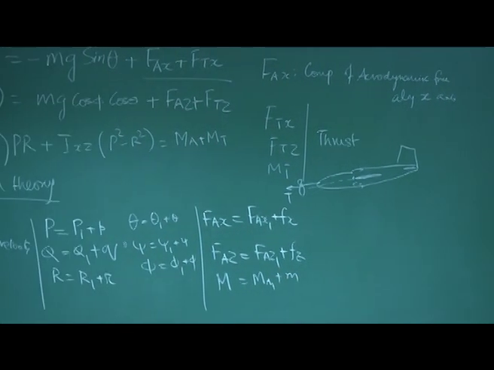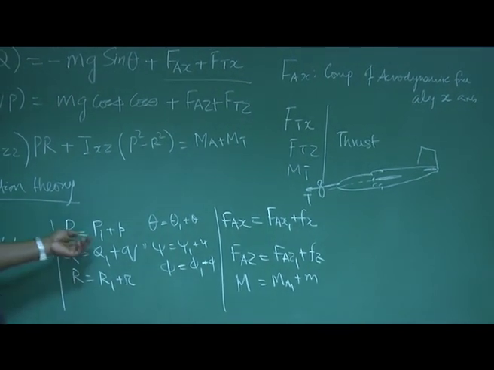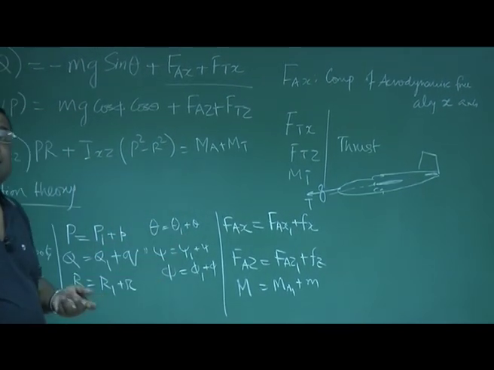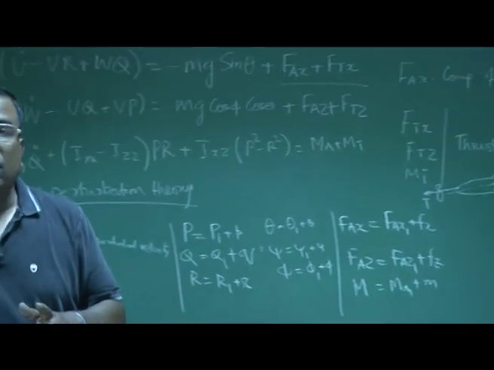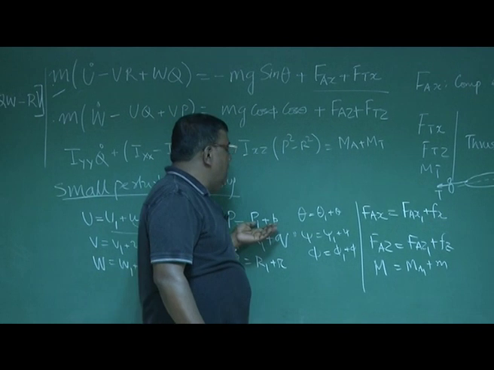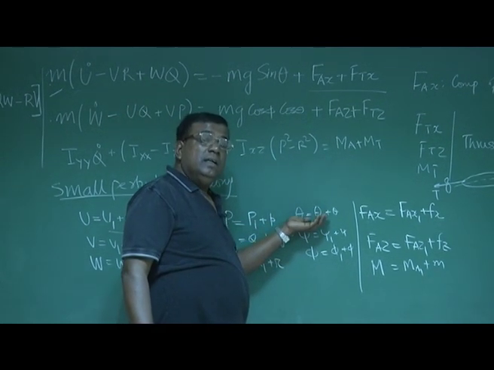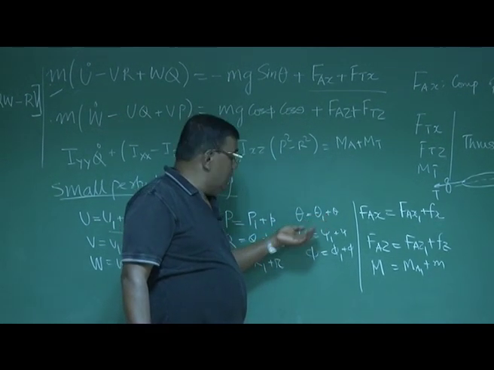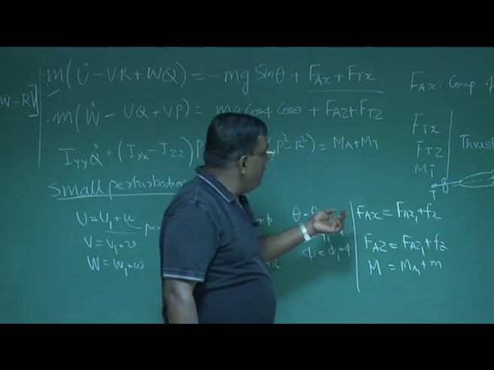What is this 1? Once I am writing the quantities with subscript 1, that means these are the conditions at steady state. Why? That is important because after all we are giving disturbances about the steady state, which is the equilibrium point for us, and these are the perturbed quantities. So what is the meaning?